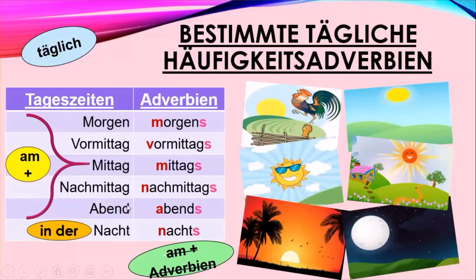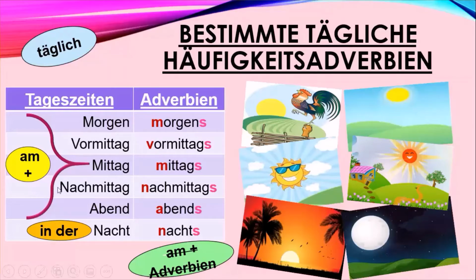And note at this point the way to remember Vormittag and Nachmittag. The three-letter word vor means before. So the time of the day before noon is pre-noon. So that is how you can remember Vormittag.